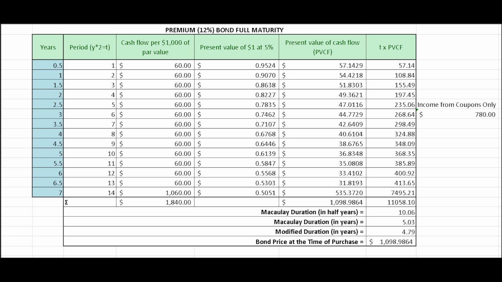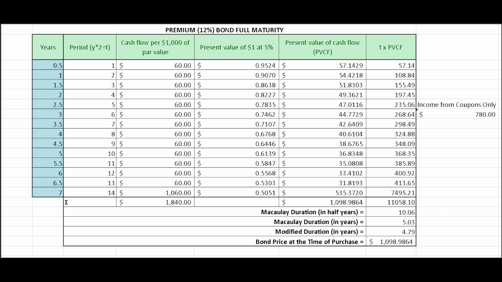Meaning you get nothing during that period, and then 7 years later you get about $500 more than what you paid. With this one you pay $851, you get $1,490. Let's see what that looks like: $1,490 minus $851.